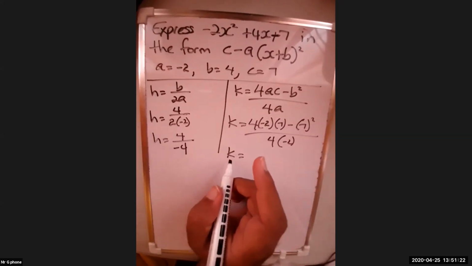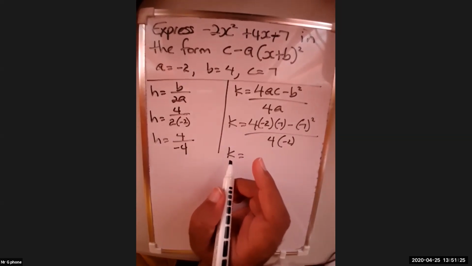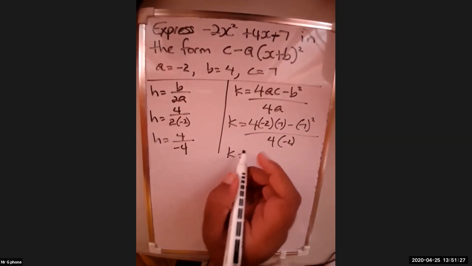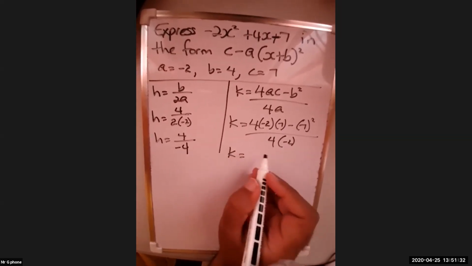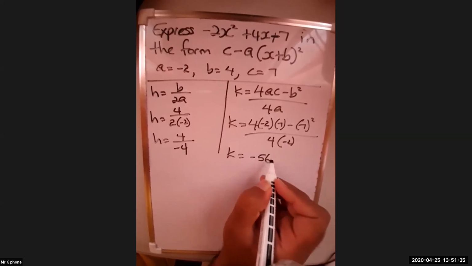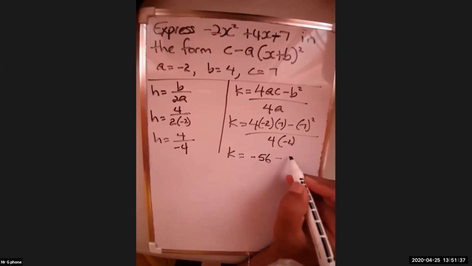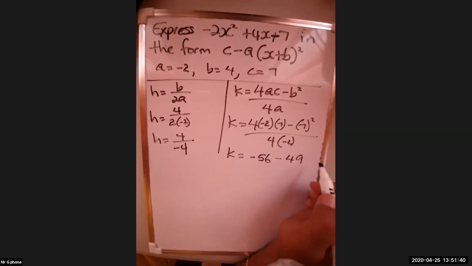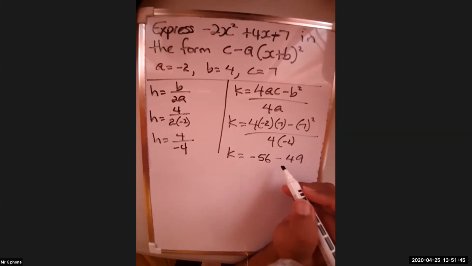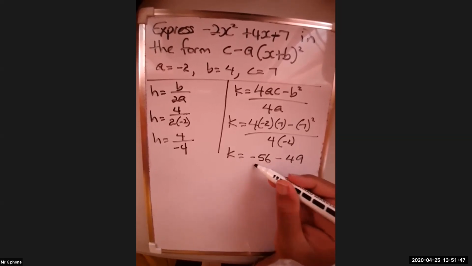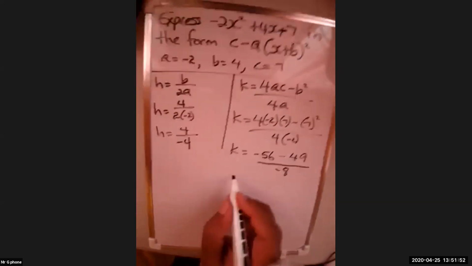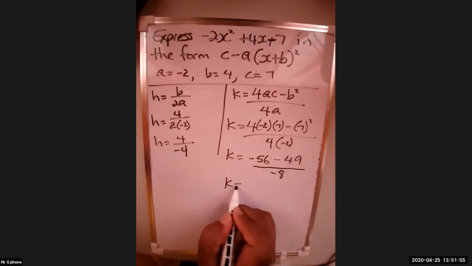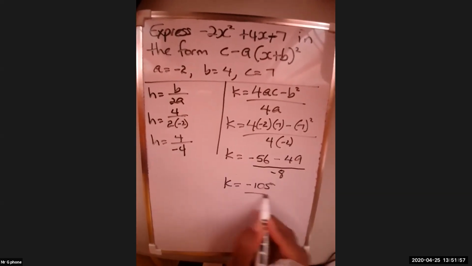So 4 by 2 is 8, and 8 by 7 is 56, and of course this negative sign makes it -56. And of course minus 7 squared, 49. So -56 take away 49 will give us 105.